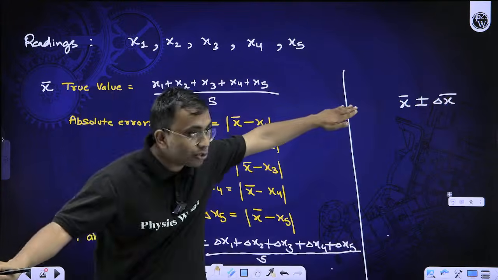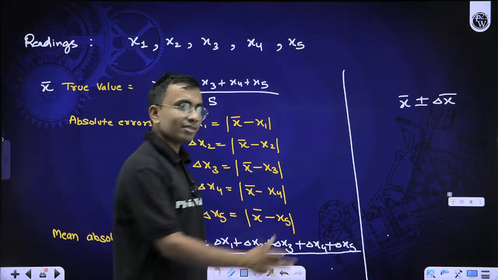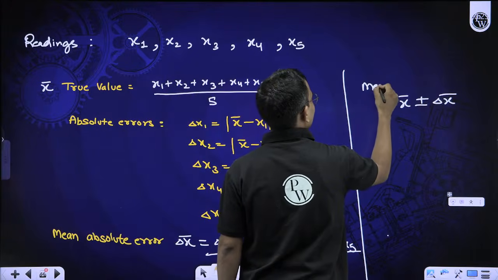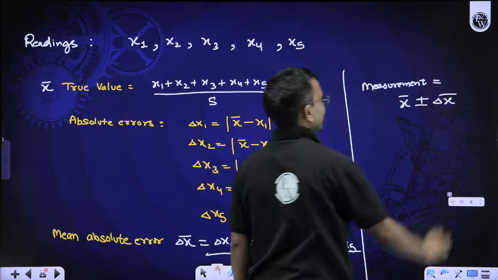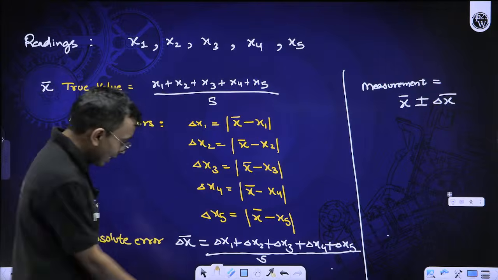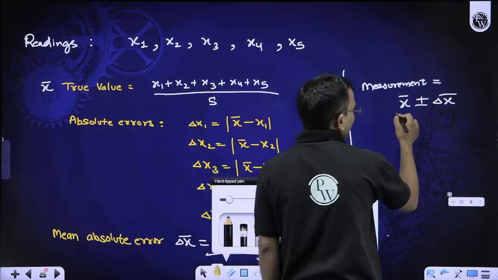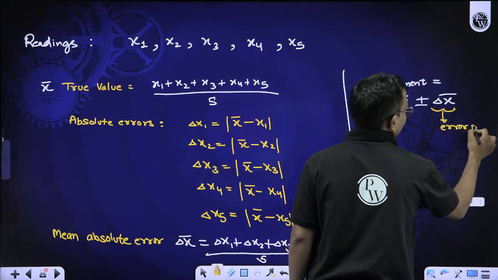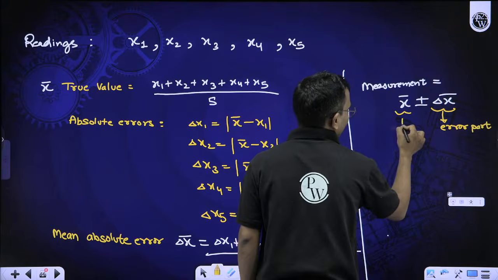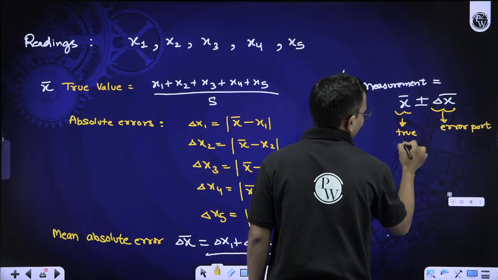This is how I will show my measurement. Here this is my true value, this is my error part.